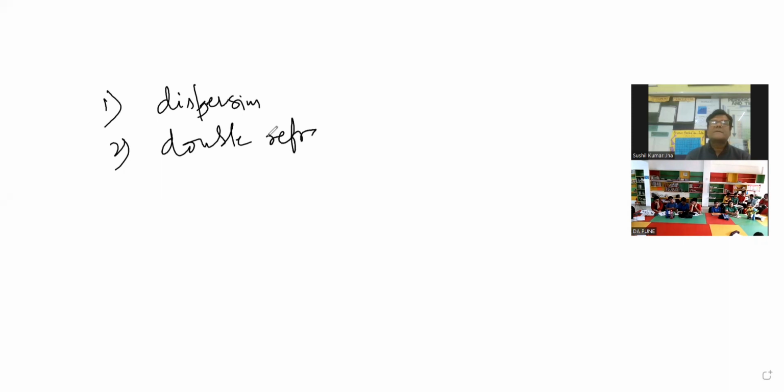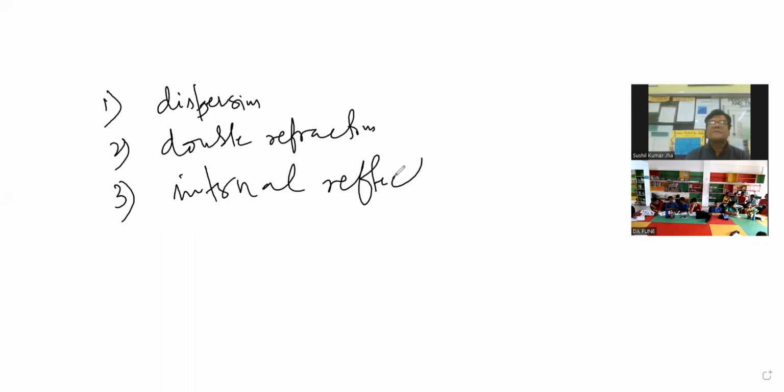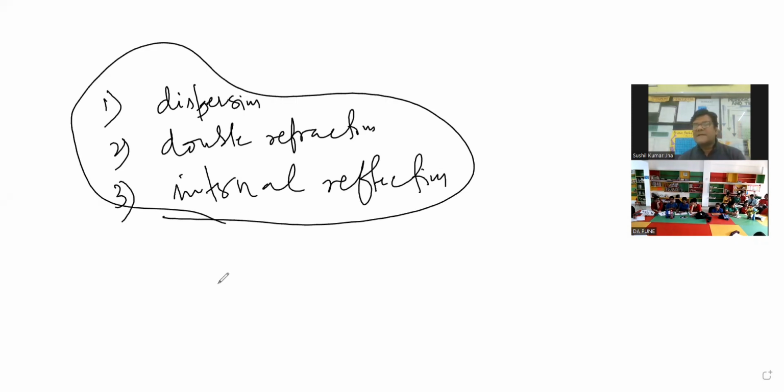So basically, we need to tell that first dispersion of light takes place. Second, double refraction, and third is internal reflection. So these are the causes behind the formation of rainbow.